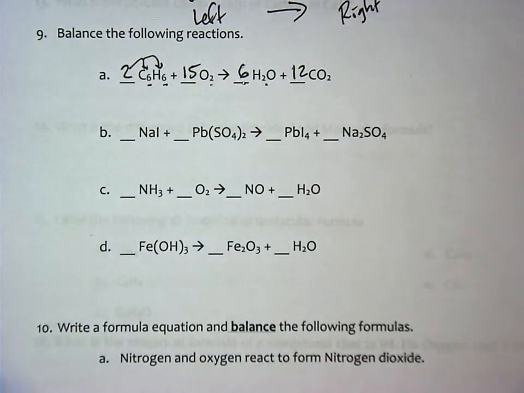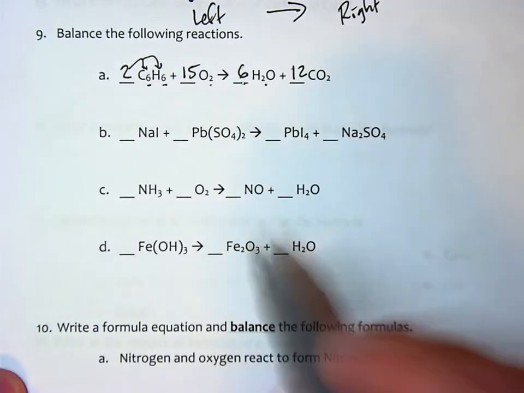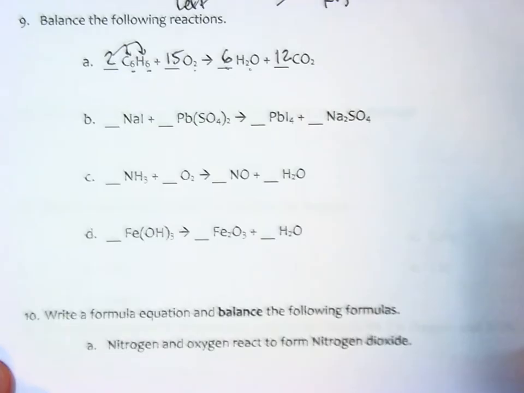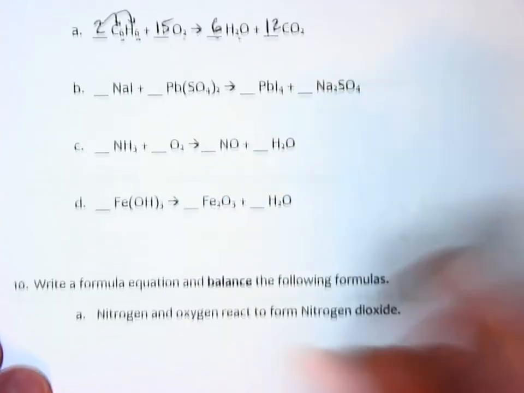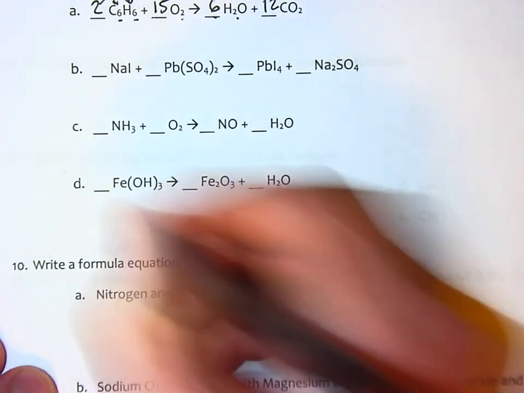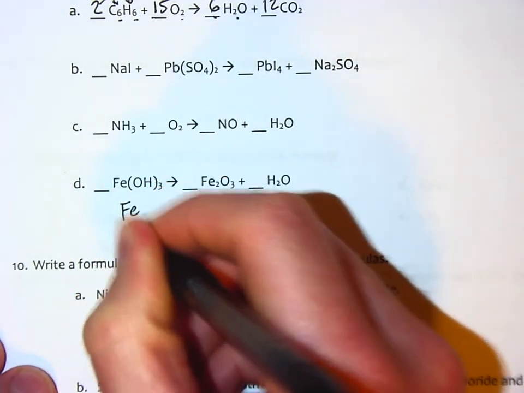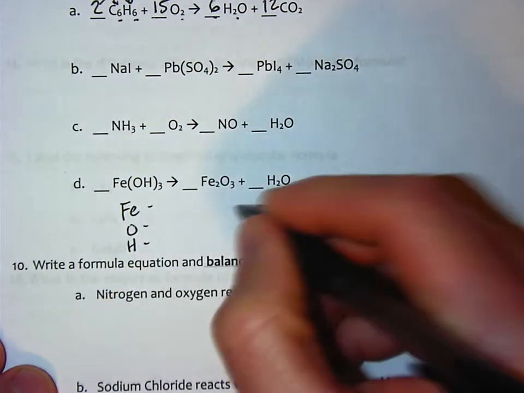When I'm looking to do my balancing, I want to look at question D here. I take an inventory. I'm going to write out each element that's on both sides.